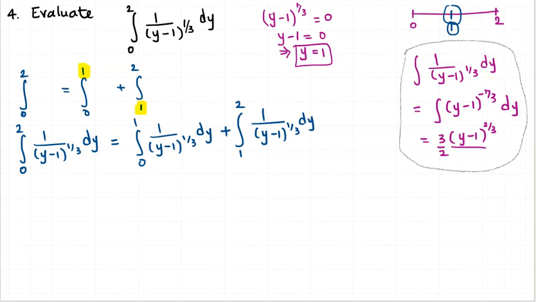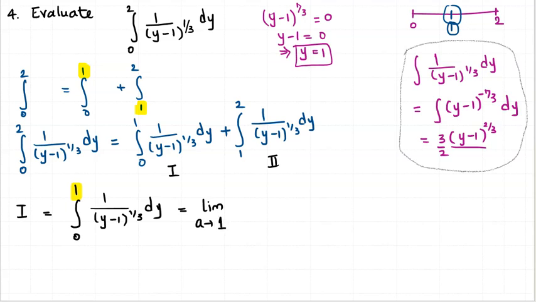Okay, so we did this separately so that we can use the values here directly, and then it will become easier. Now, let's say this is your part 1. Solving part 1: integral 0 to 1, 1 over (y minus 1) to the power 1 over 3. This function is unbounded at the upper limit, so we can rewrite it as limit a goes to 1, integral 0 to a, 1 over (y minus 1) to the power 1 over 3 dy.